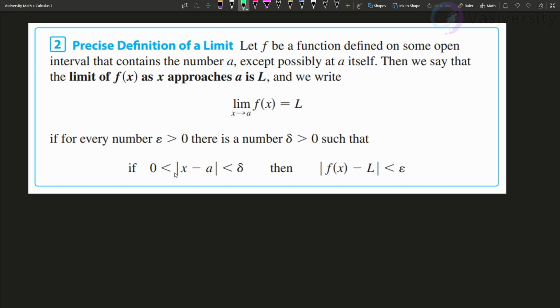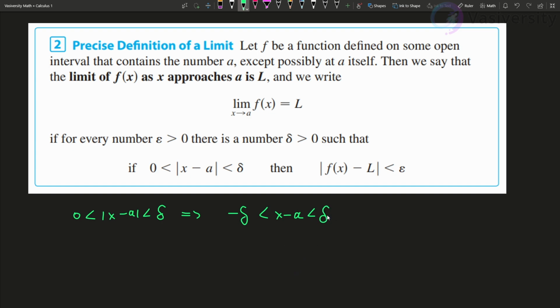If we look at this, 0 less than the absolute value of x minus a less than delta, what would that be? That would be negative delta less than x minus a less than delta. This is from the left, this is from the right.